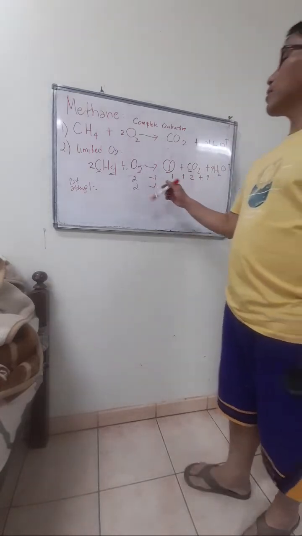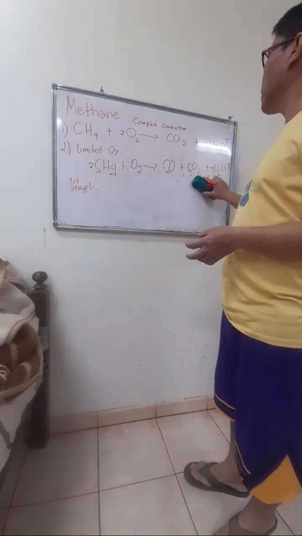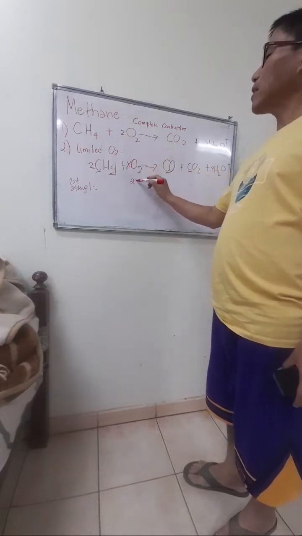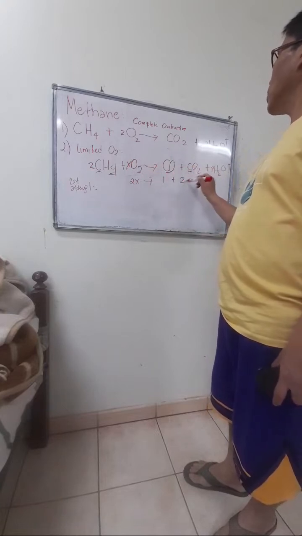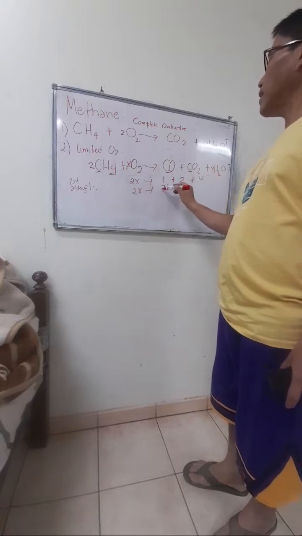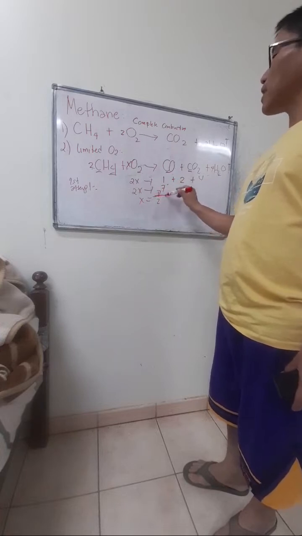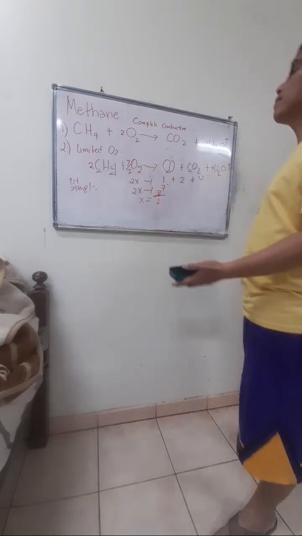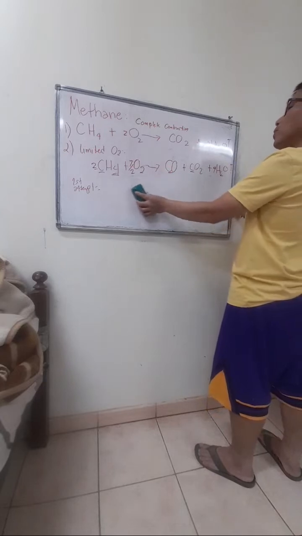So let X be the number of moles of oxygen gas there. 2X equals 1 plus 2 plus 4. 2X is equal to 7. X is equal to 7 halves, a fraction, 7 over 2.